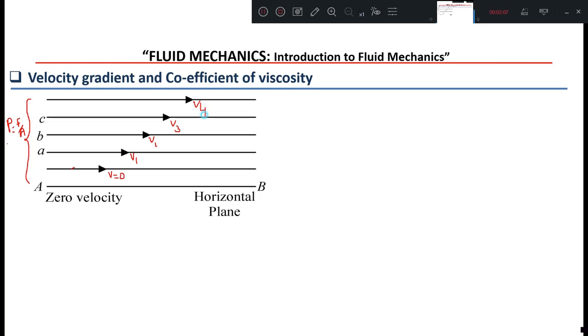As the distance increases from the horizontal plane, the velocity increases. So we can introduce a term called velocity gradient.